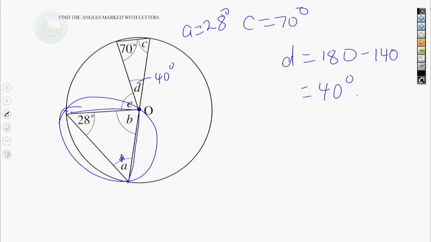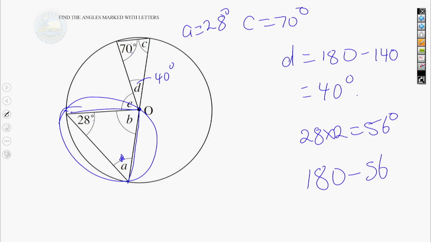So then how much will B be? The remaining. So 28 plus 28, as we already know, is 56. So we could do 28 plus 28 or 28 times 2. It means the same thing. Remember that. So the remaining will be 180, take away 56, which is 124 degrees.